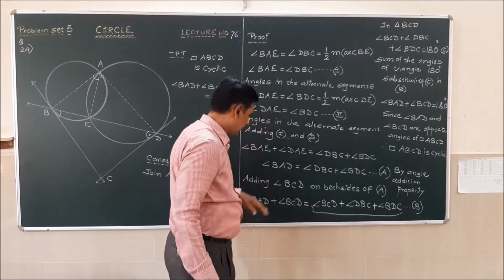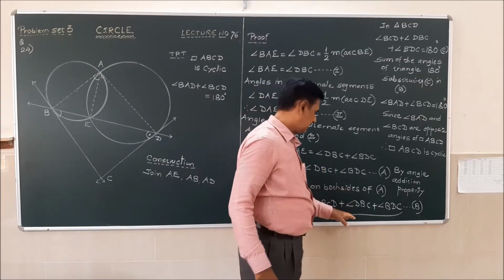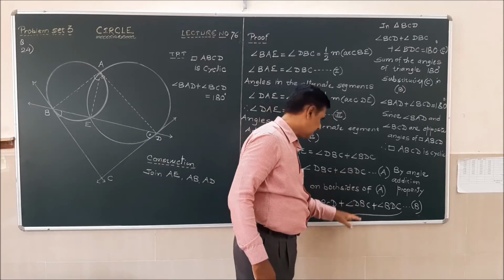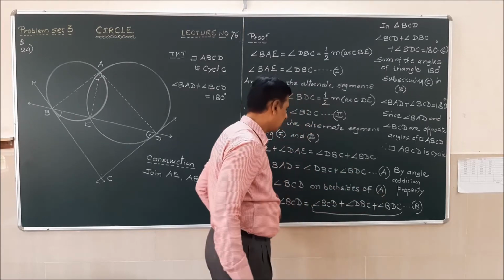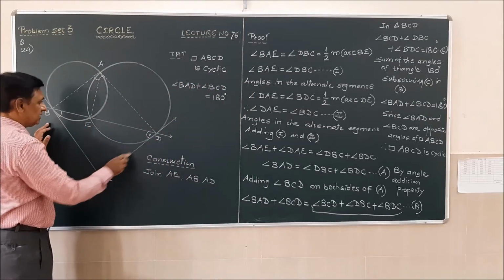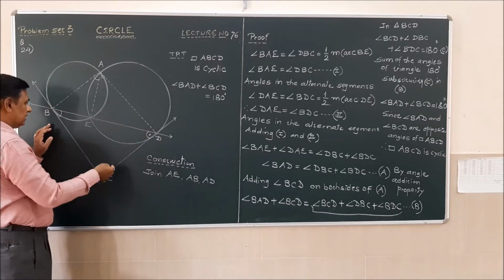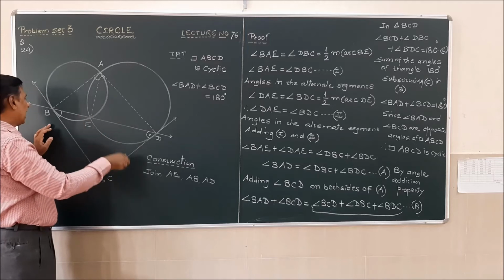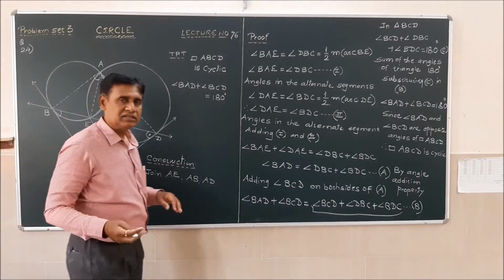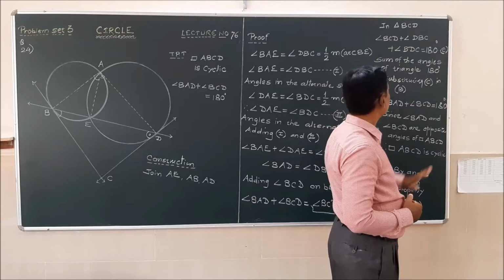In the same manner, BCD plus DBC plus BDC. But if you look at the figure, you will find that BCD, DBC, BDC are the three angles of triangle BCD. And the sum of the three angles of a triangle is 180. Very simple. So I label it as result C.